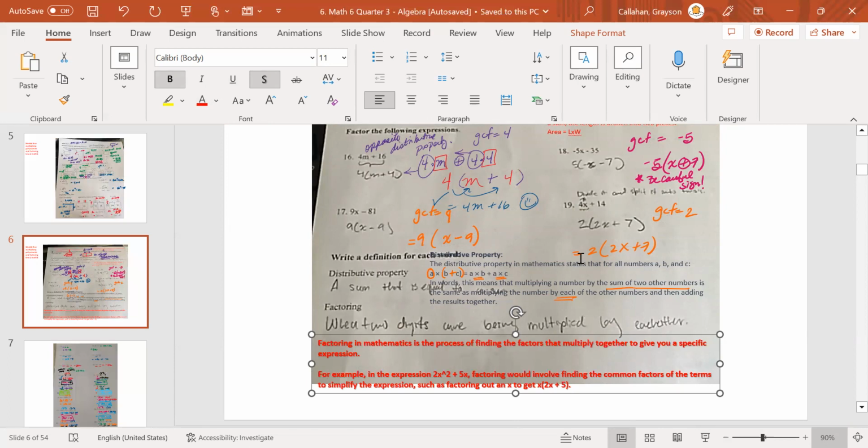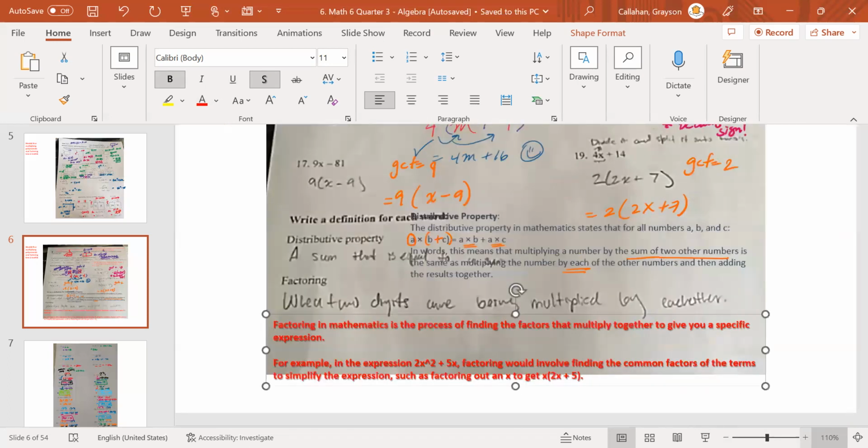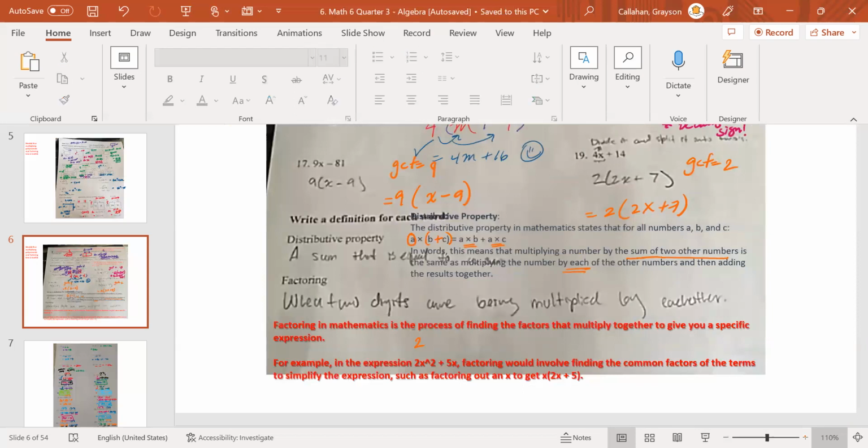For example, in the expression 2x squared plus 5x, factoring will involve finding the common factor. So greatest common factor of 2x squared and 5x is just x, right? That's what they share, right? They don't share any numbers, unfortunately. And so factoring involves finding the common factor of the term to simplify the expression, such as factoring out the x. So if I take the x out, what stays inside?